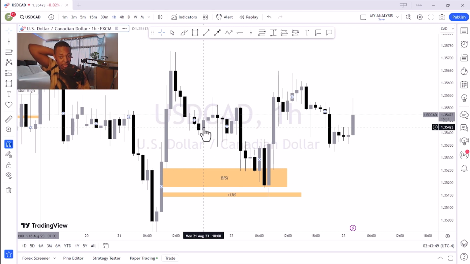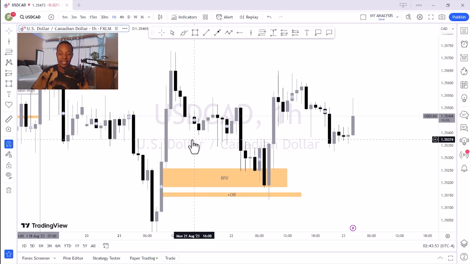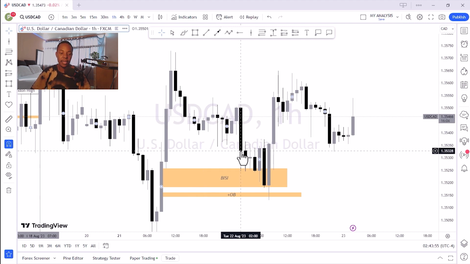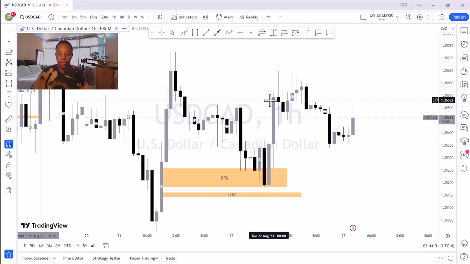Update on the USD CAD. I had buys. This is currently the next day. I just let the trades run overnight, and yeah, I closed one here, as you saw on the previous update on this USD CAD trade. I closed one somewhere around here, and then I logged profits just here, on this order block.